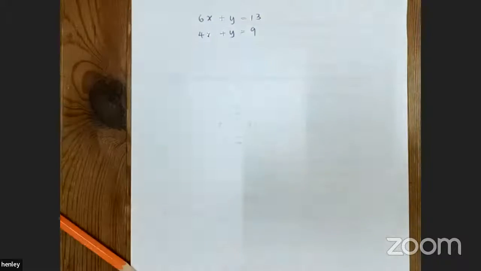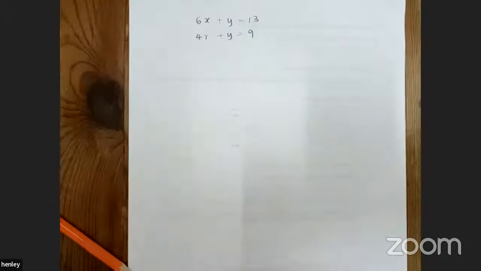So now I have 6x plus y equal to 13. And then I have 4x plus y equal to 9. Okay, so we are using the plus and minus method. We need to plus and minus so that we eliminate one. So we have x and y. We don't want to have x or y. Can you see I have a plus y and plus y here?